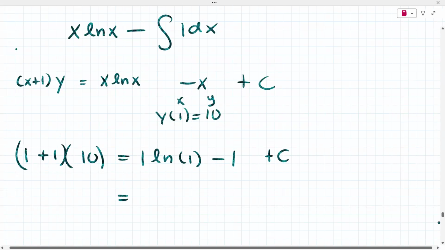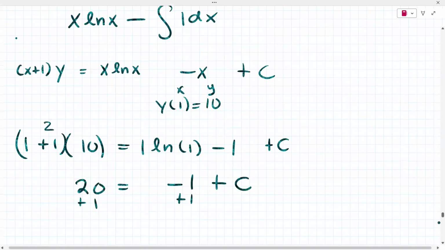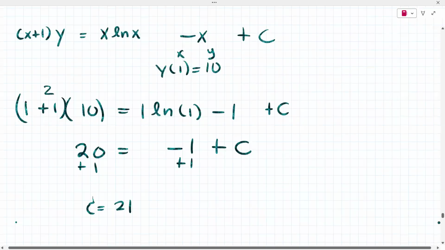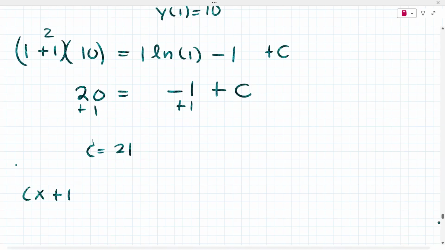Ln of 1 is 0, minus 1, so that's negative 1 plus c. 1 plus 1 is 2, times 10, that's 20. Add 1, you get c equals 21. So now it's going to be x plus 1 times y equals x ln of x minus x plus my c, which is 21.